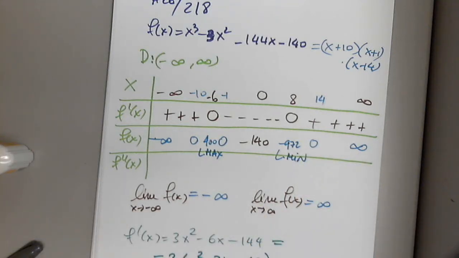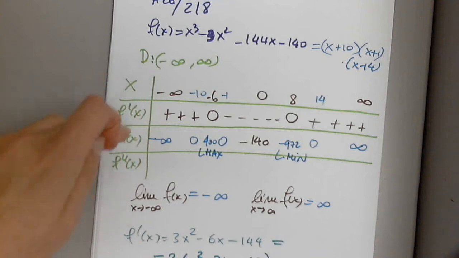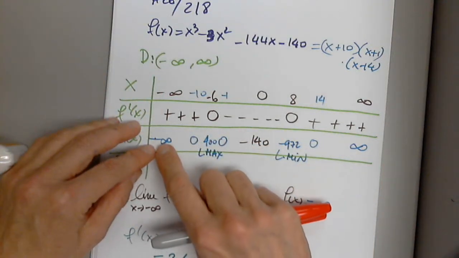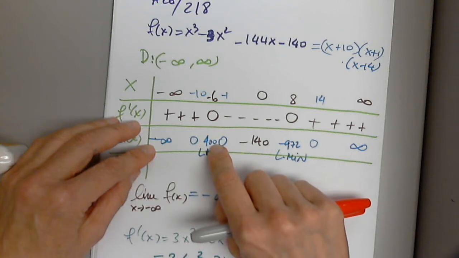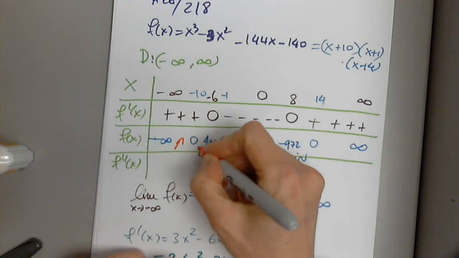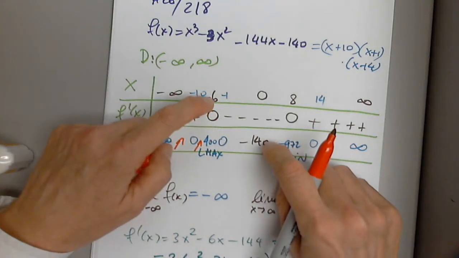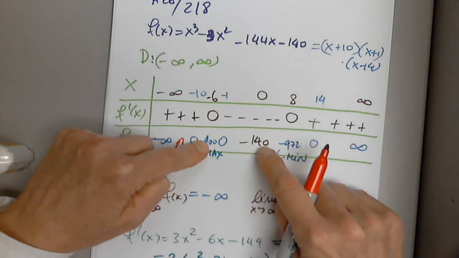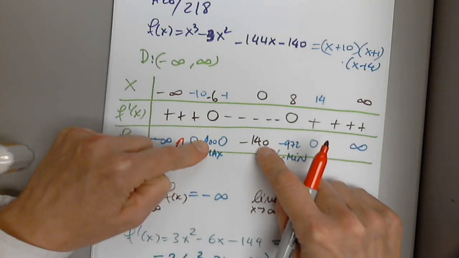Okay, now let's check. You're checking row 1 with row 2. You know what I mean, the first derivative and the function. Ready? What does the function do between -infinity and 400? Is that supported by the sign? Good. Okay, what does the function do between 400 and -140?